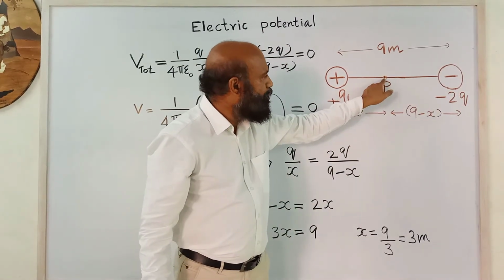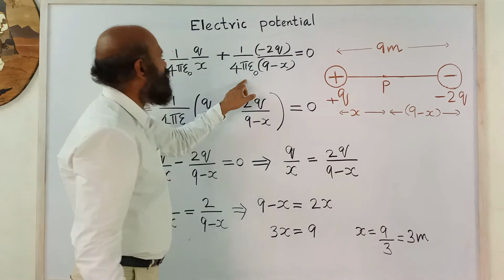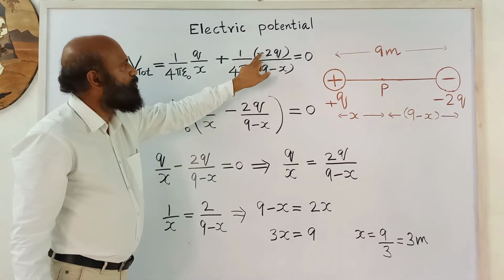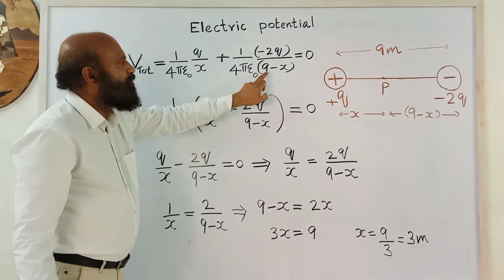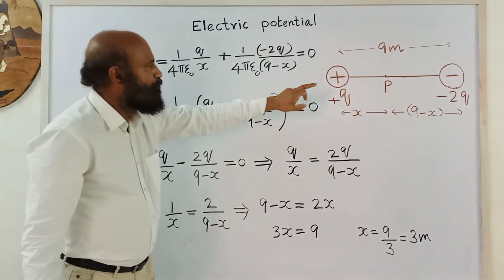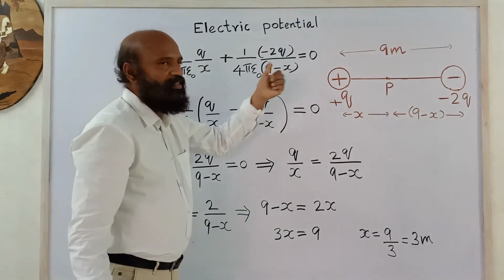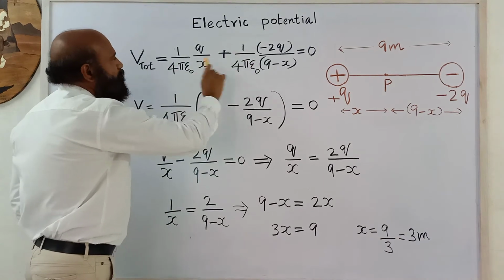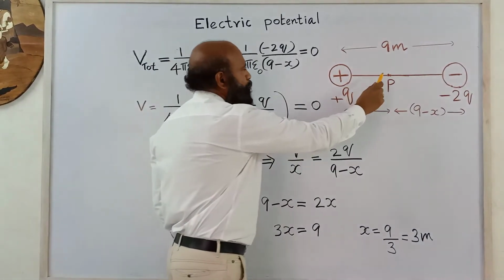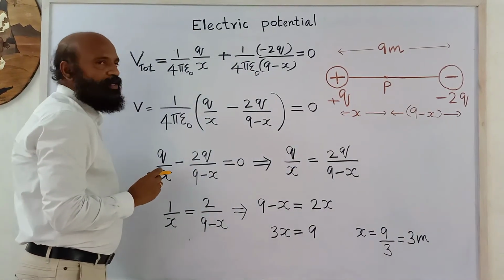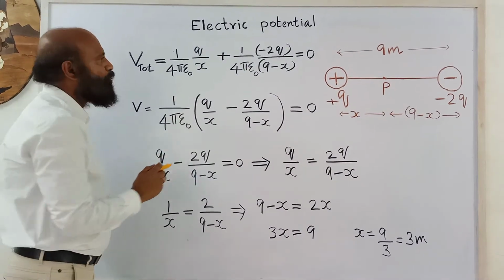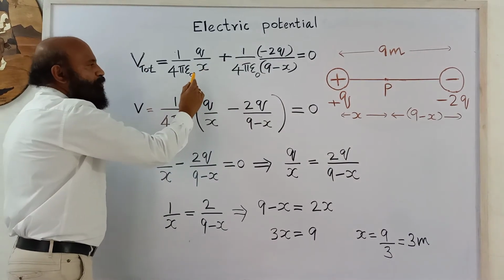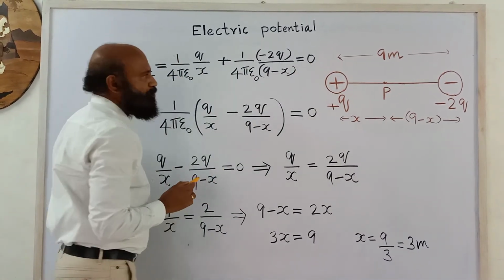So potential here, because of the negative charge, is 1 by 4 pi epsilon 0, the magnitude of the charge is 2q, it is a negative charge, then the distance of the point from the charge is 9 minus x. So we have found separately the potential at the point P. The question is to find out the point at which potential is becoming 0. So you equate it to 0.